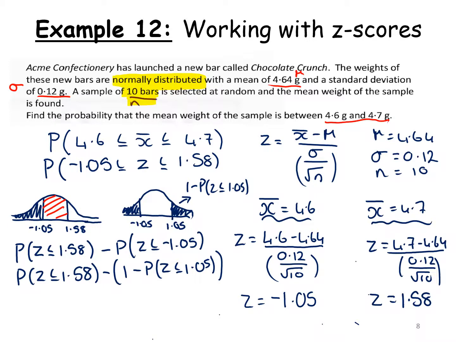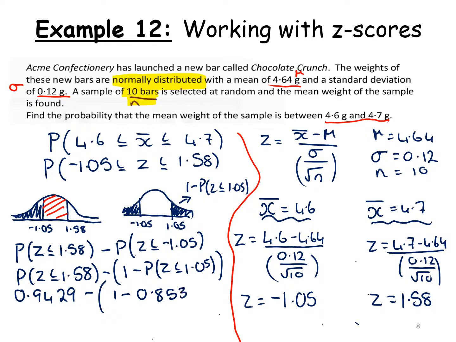So we are able to look up the tables and work this out. So we're looking at page 36, 37. I'm just going to draw a line down here so we can keep track of what we're doing. And we should get 0.9429 minus, 1 minus 0.8531.